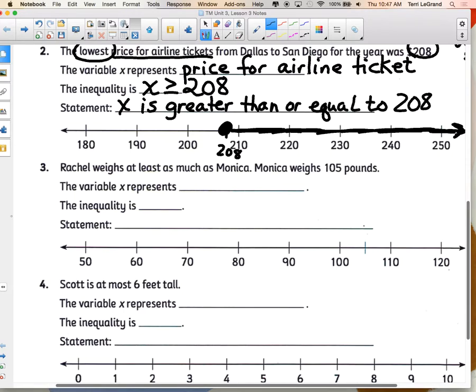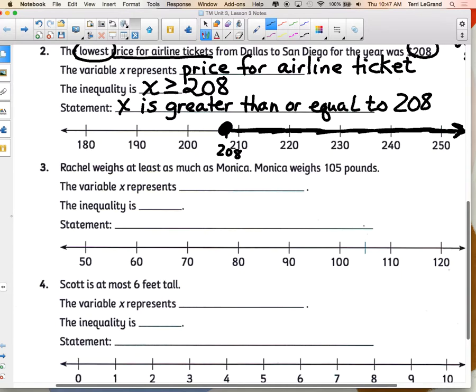You do not have to put the dollar sign in there, remember? If you read this statement to somebody, it says x is greater than or equal to 208.